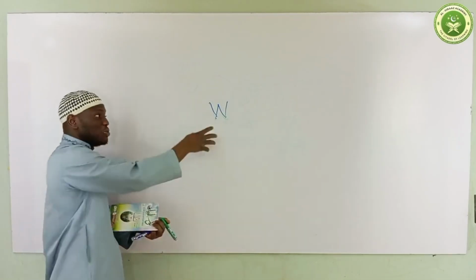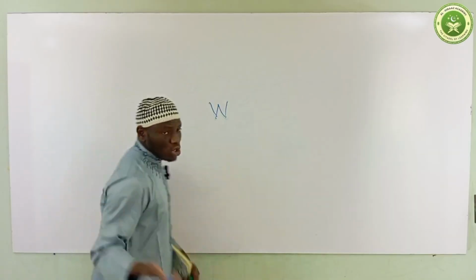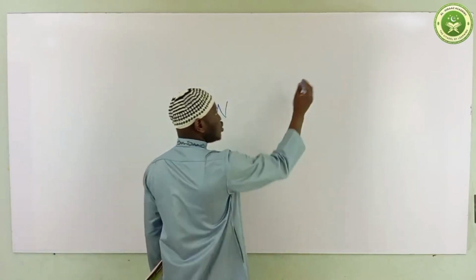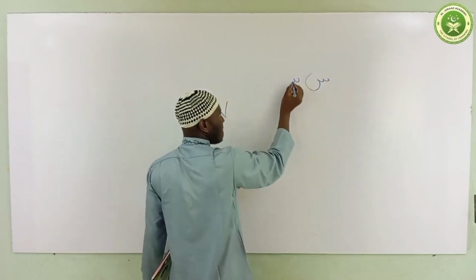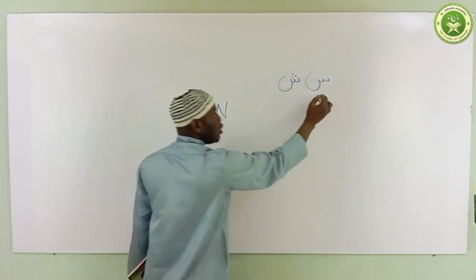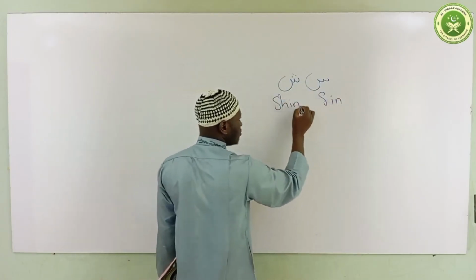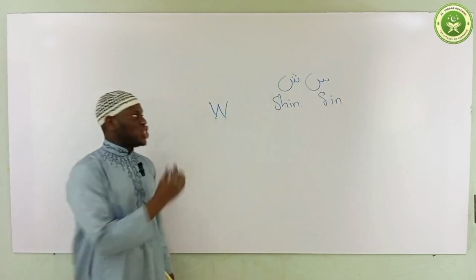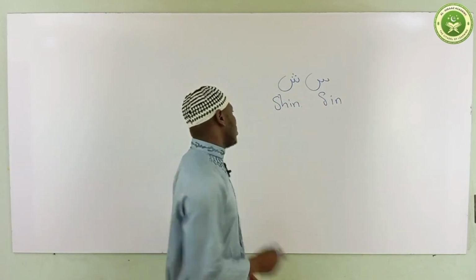If you now look at the W family, let me write it out first before we explain certain things. So this is the W family. We have Seen, we have Shin. Correct.